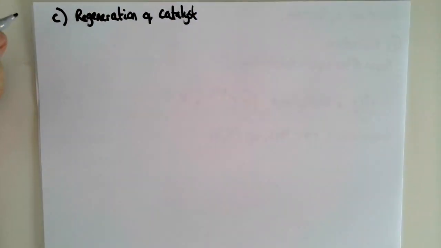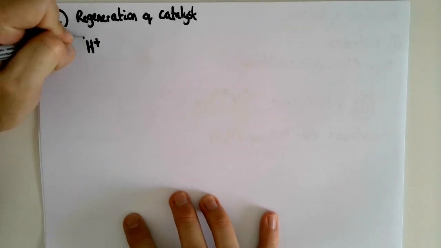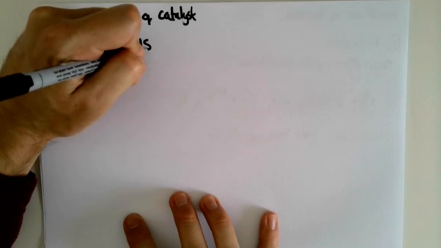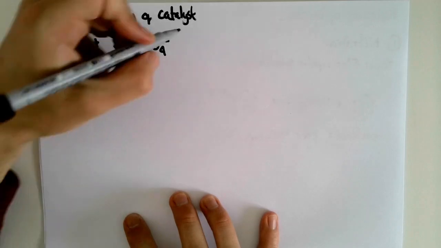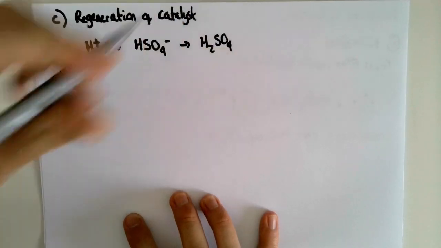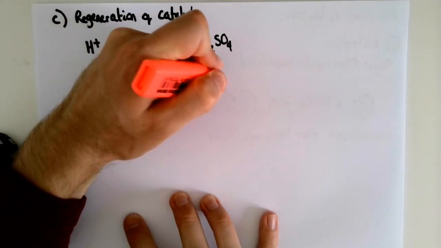So we need to make H2SO4 again. What we do is we use the H plus that we formed in step 2 of the mechanism. We also use the HSO4 minus that's been hanging around since step 1 of the mechanism, and those two combine to reform our catalyst, which is H2SO4. So this thing here is a catalyst.